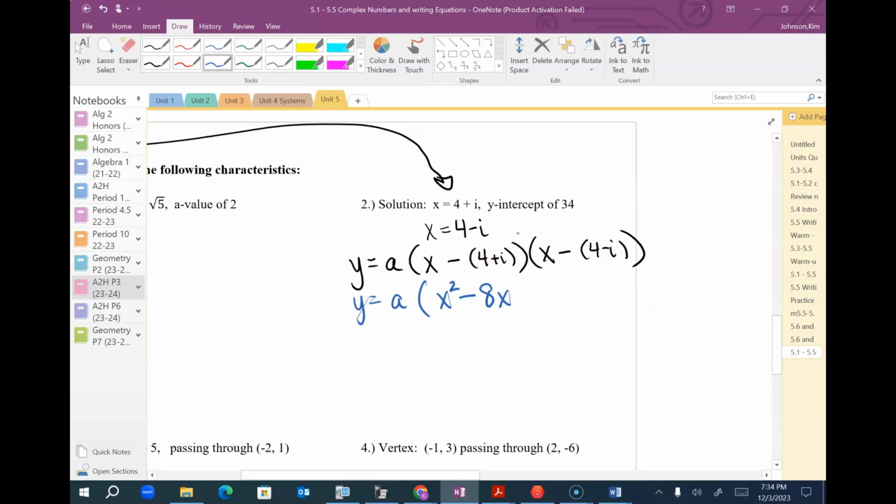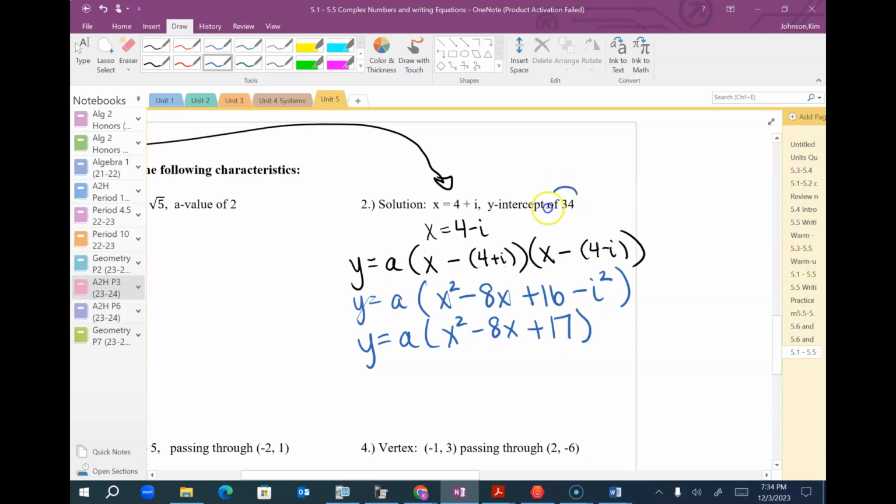And then it'll be 4 times 4 is 16, and it'll be i times negative i, which is negative i squared, so it'll be plus 16 and minus i squared. And then last but not least, we end up simplifying this, so we get a times x squared minus 8x plus 17. 16 plus 1 is 17.